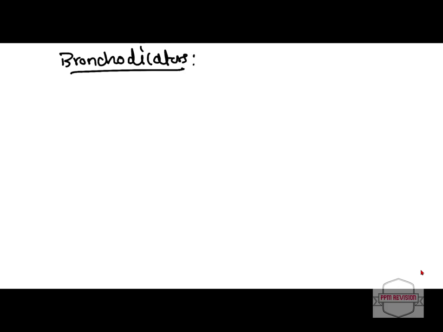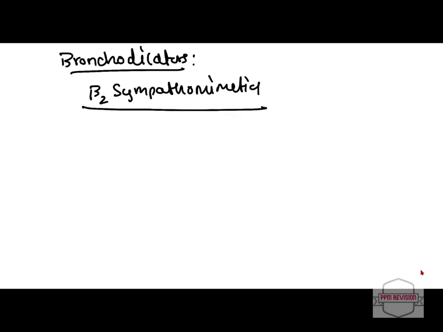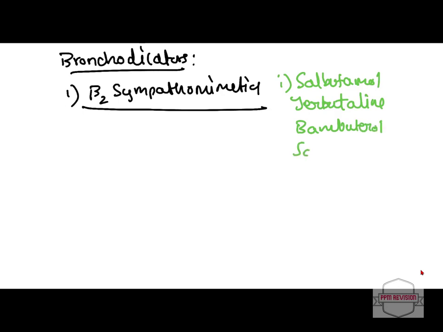Under the bronchodilators, there is beta 2 sympathomimetics. Okay, so this is the first one. And under sympathomimetics, there is salbutamol, there's terbutaline, there's bambuterol, also salmeterol and formoterol.